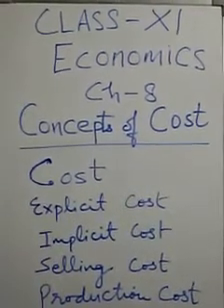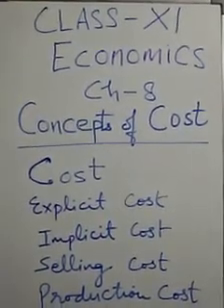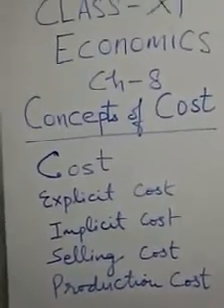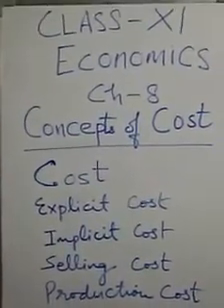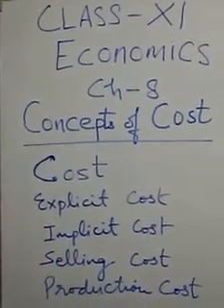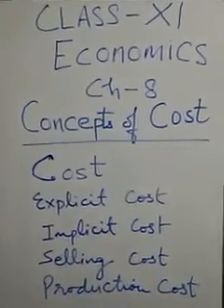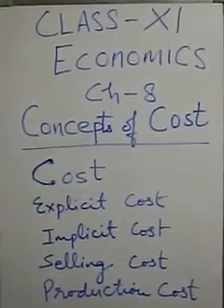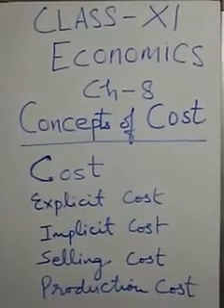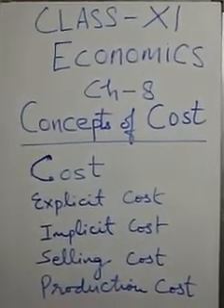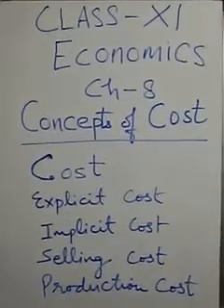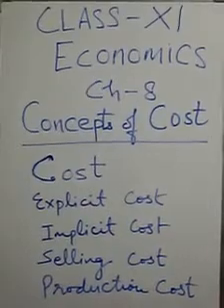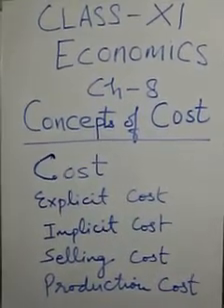For example, estimated rent on the entrepreneur's own building, estimated interest on the entrepreneur's own capital and lots more. So if we combine explicit cost plus implicit cost, we can easily obtain the total cost for producing that article. I again repeat, total cost is the combination of explicit cost plus implicit cost.